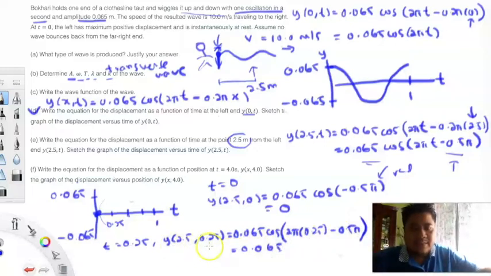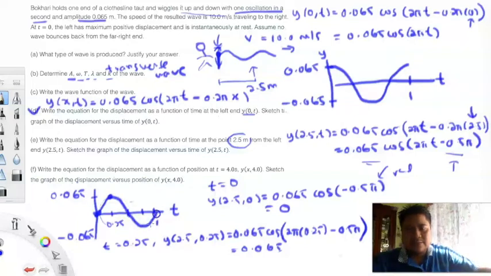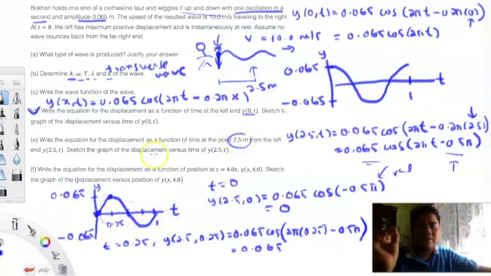That means it is at this position. Further, we don't need to calculate because the graph will not go over, it will just oscillate. So you will have the sketch like this. It will be a different shape because of the factor here. That means this is a graph of displacement versus time for the particle at 2.5 from the left.